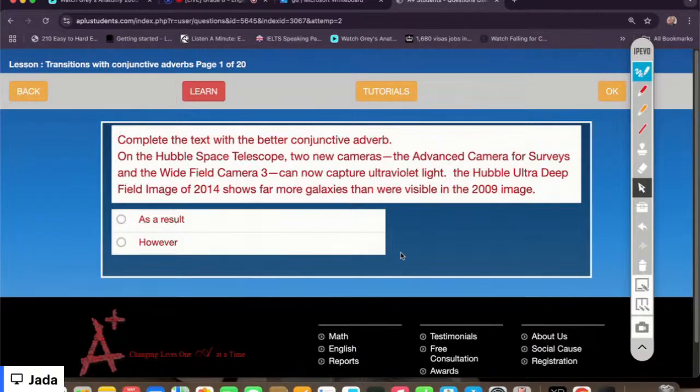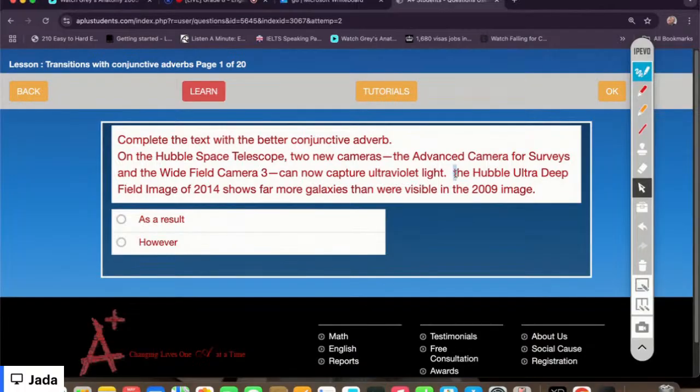Complete the text with a better conjunctive adverb. We have on the Hubble Space Telescope two new cameras, the Advanced Camera for Surveys and the Wide Field Camera 3, can now capture ultraviolet light.